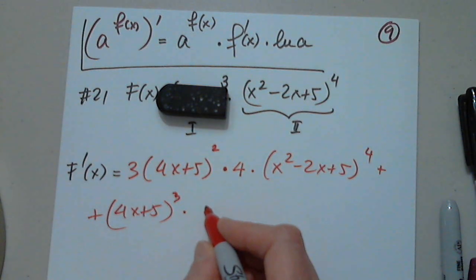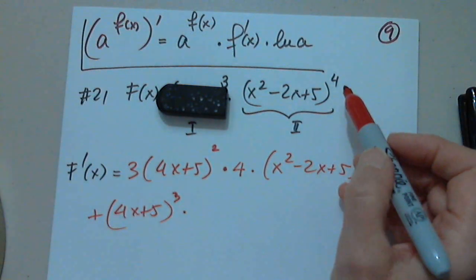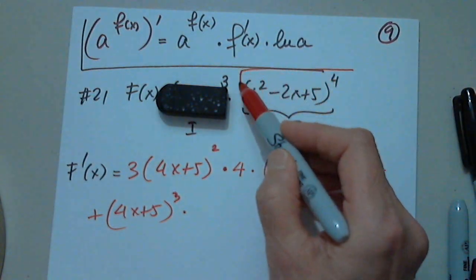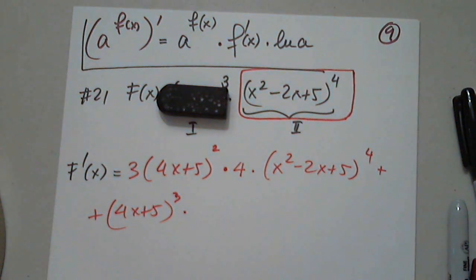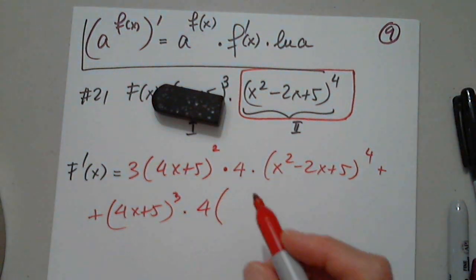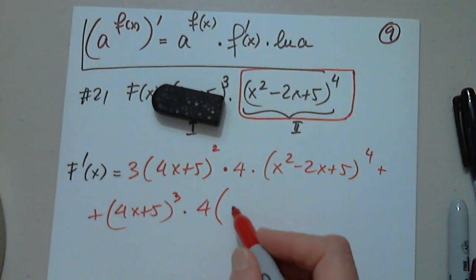X minus 2. X minus 2 raised to 3. 4x minus 2. X minus 2.